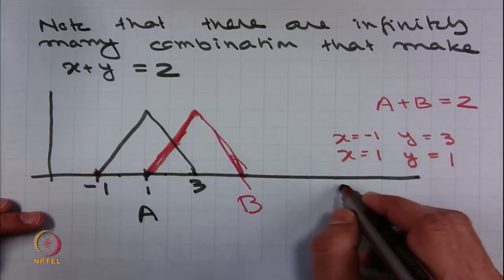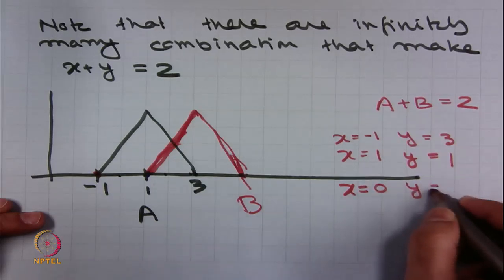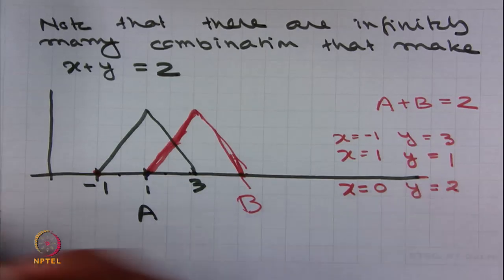Let me consider another possibility, x is equal to 0 and y is equal to 2. So, let us see intuitively what is happening.